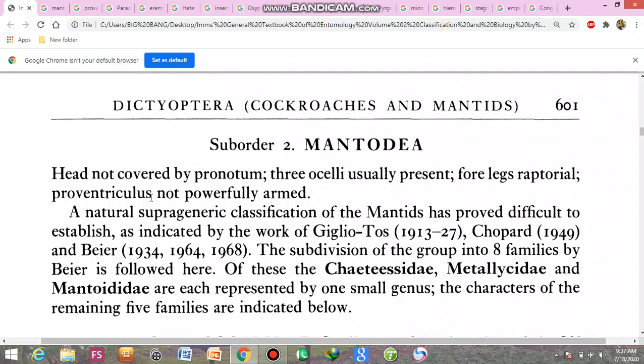What is the proventriculus? This is the organ in insects sometimes used for crushing or grinding. However, in some cases, it acts like a valve that prevents the entry of food into the midgut.